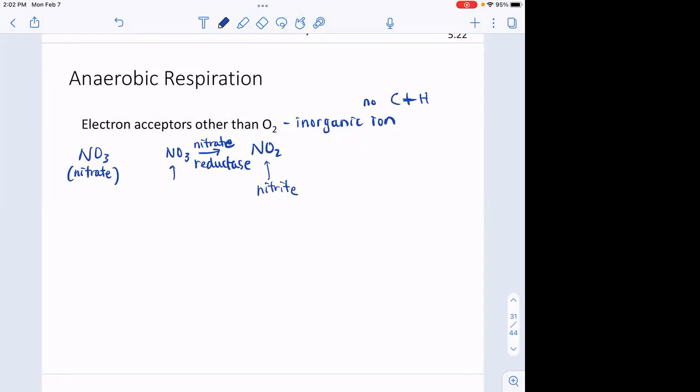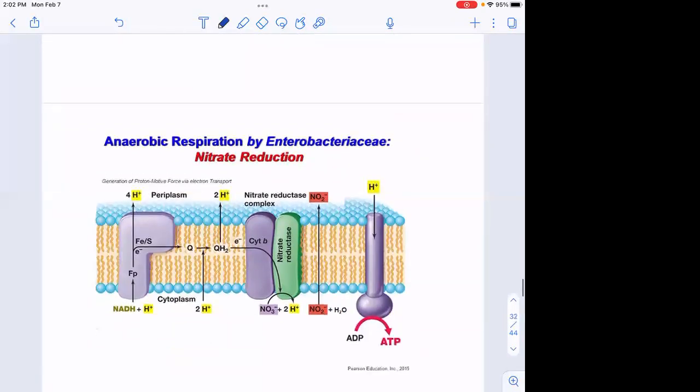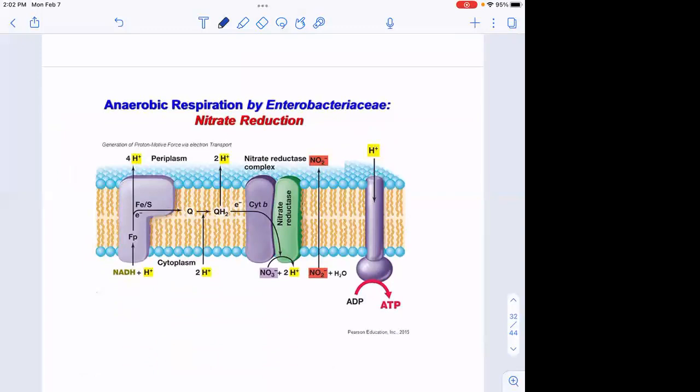I'll talk about that in a little more detail because that's another enzyme that you're going to talk about next week in lab. If organisms can make that enzyme nitrate reductase, which is this green one right there in the plasma membrane, it enables the organism to use nitrate as a final electron acceptor.